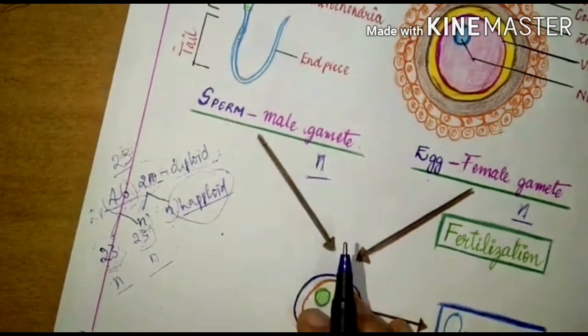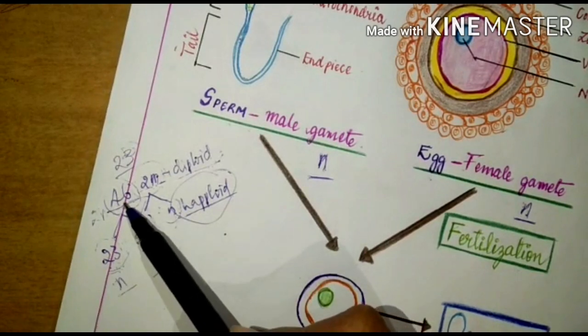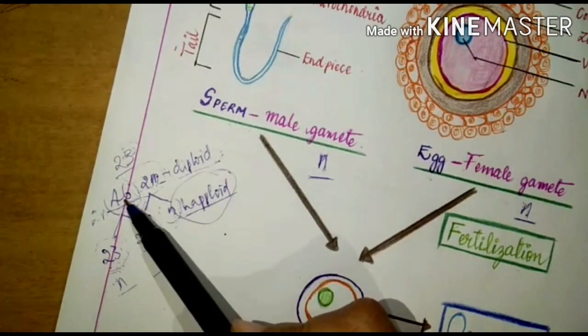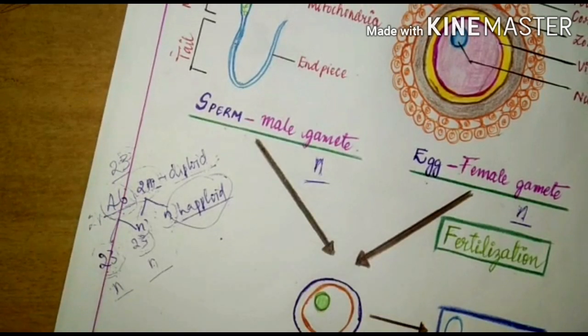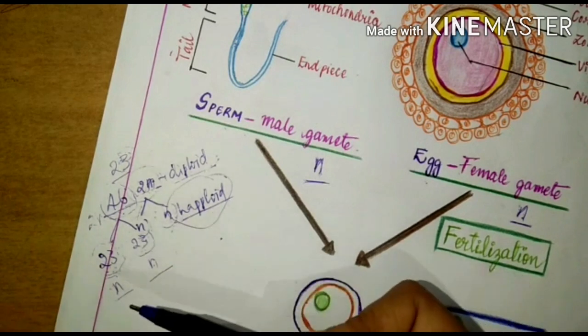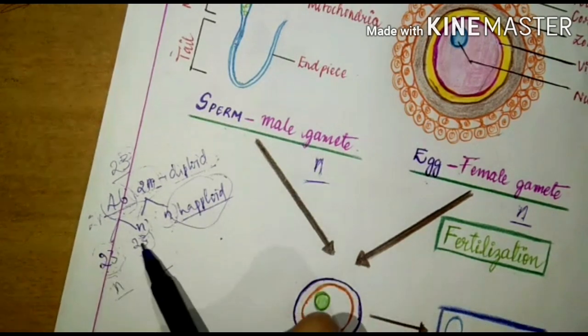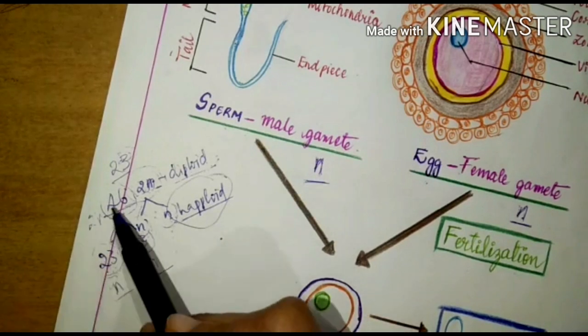I'll explain with an example. In human beings we have 46 chromosomes, so the parental cell will have 46 chromosomes. After the meiotic division, each daughter cell will get half the chromosomes of its parent.